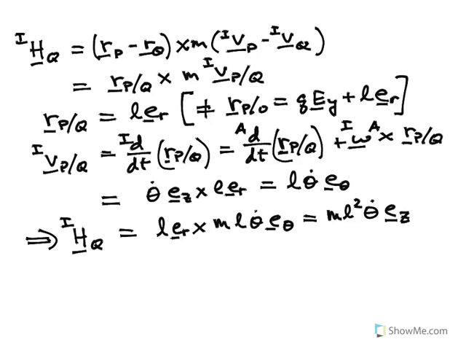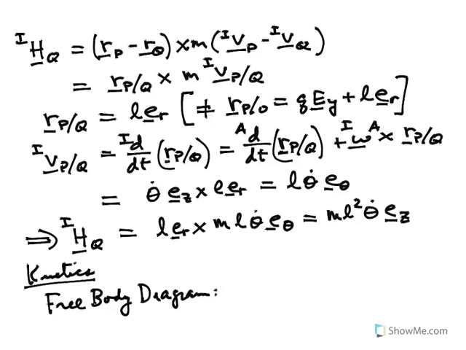But now we're going to have to go about the rest of this a little more carefully, which is we need to start working with the kinetics. So let's look at the kinetics in this problem. The free body diagram actually looks the same as in the previous problem.